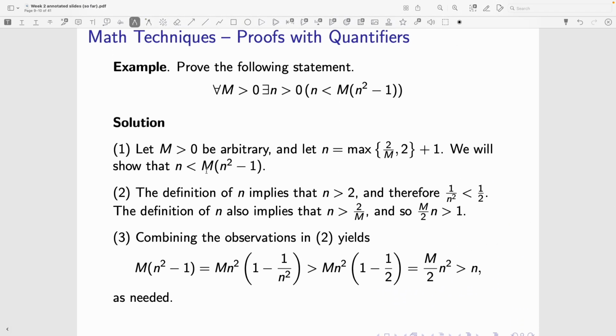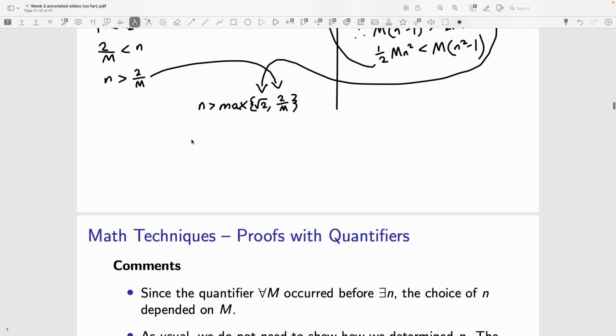which would lead to a formal proof saying that it equals that maximum plus 1.